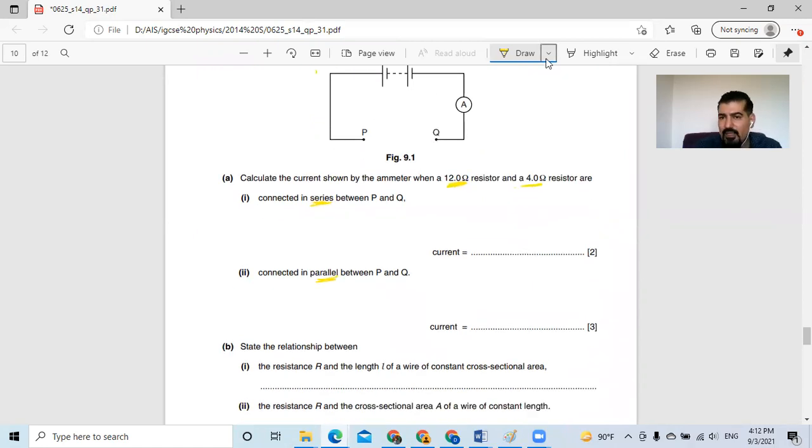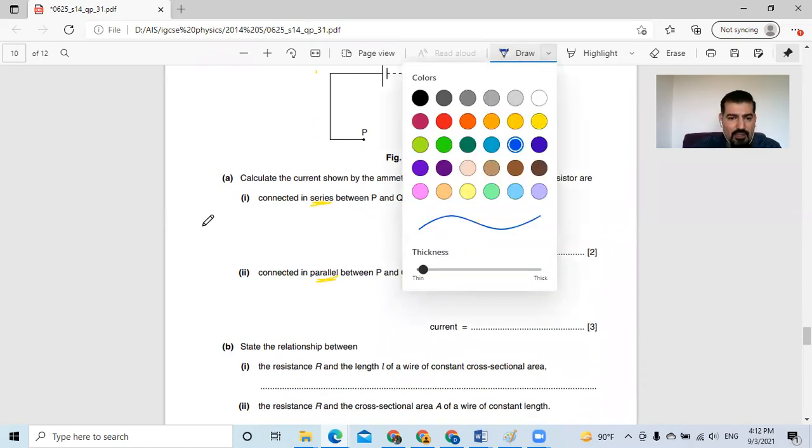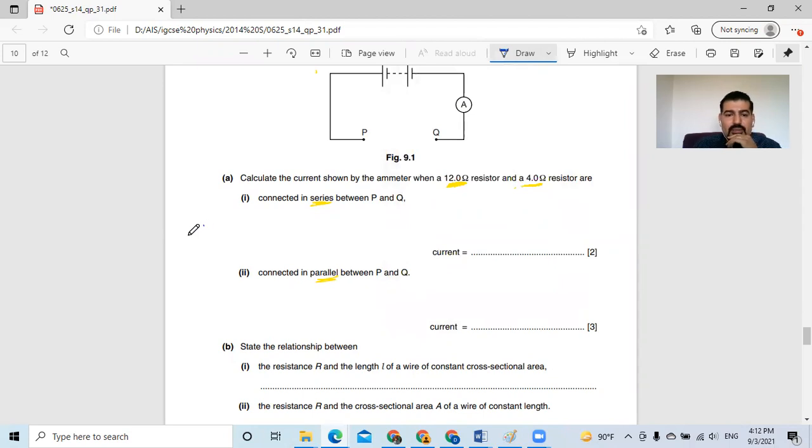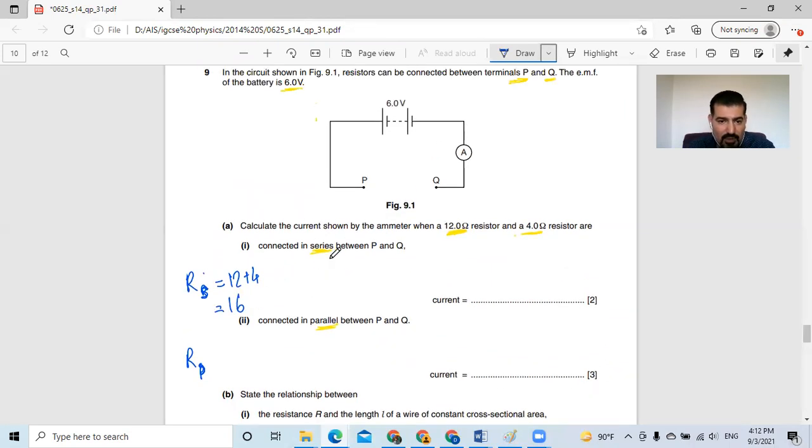Now, let's do it fast. First of all, we have to find the R in series and the R in parallel. So R in series, we add them together, 12 plus 4, which is equal to 16. They ask about the current.